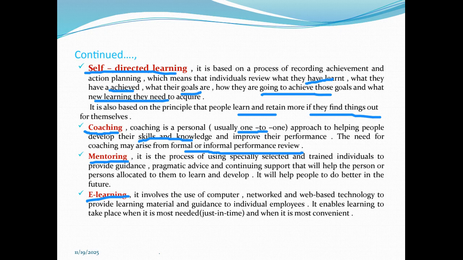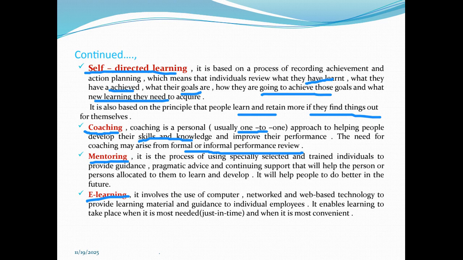If his publication is not up to the level, then the management can arrange coaching from a senior professor. You can do one-to-one sessions with him and guide him on how to publish, how to select the journal, and how to refine the topic.